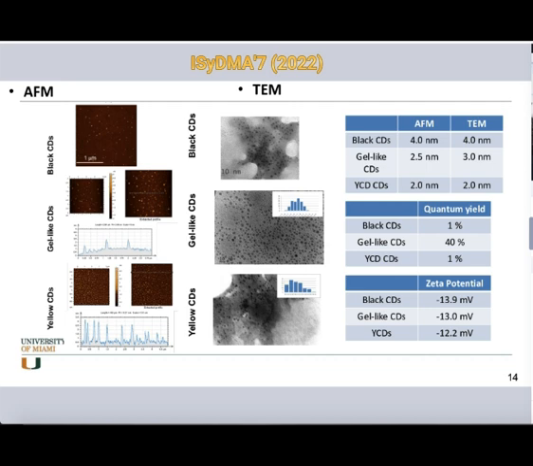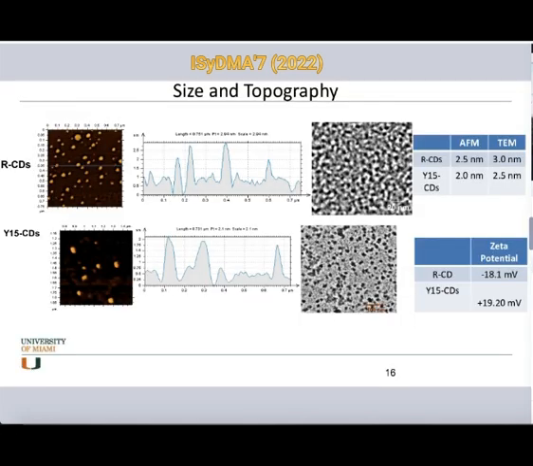If we look at the next slide, the size of the topography for AFM and TEM, I just mentioned at least for the red, because I mentioned the black carbon dots, also the gel and the yellow. But for the red and also the one Y15, we have a size which is about the same, plus or minus 5 nanometers.